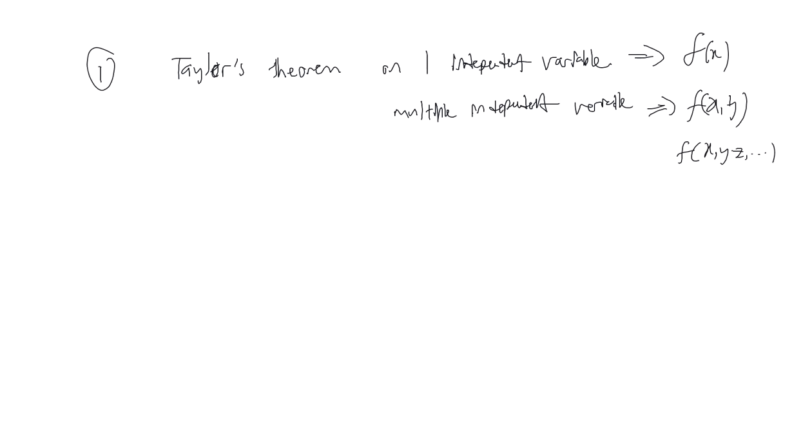So let's say the derived quantity that you are required to find is z, which is a function of x and y.